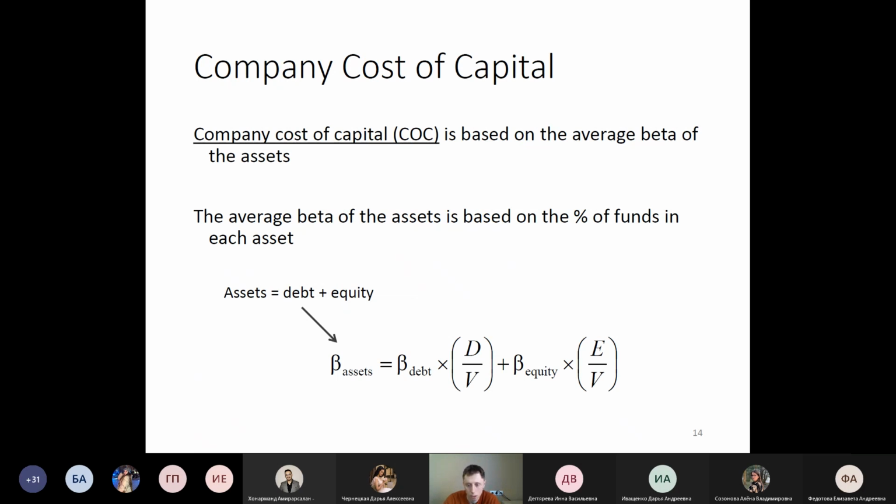Usually beta is stable, and then we can re-estimate the beta coefficient for the assets using betas of sub-assets. So the beta of the debt, the beta of the equity, and we can estimate the fraction of those assets to estimate the asset beta.